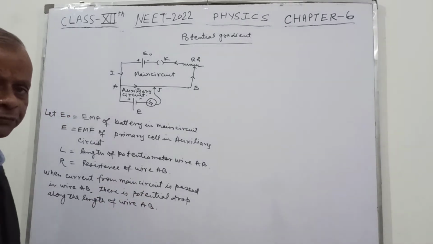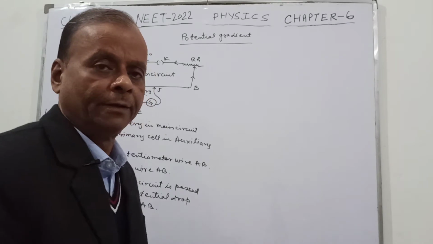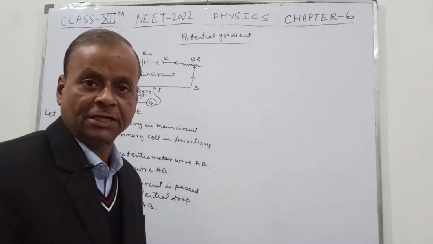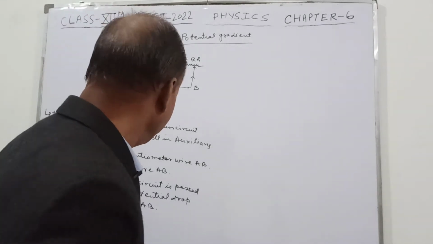This is what usually happens. But when we take the potential drop per unit length, then this is called the potential gradient.